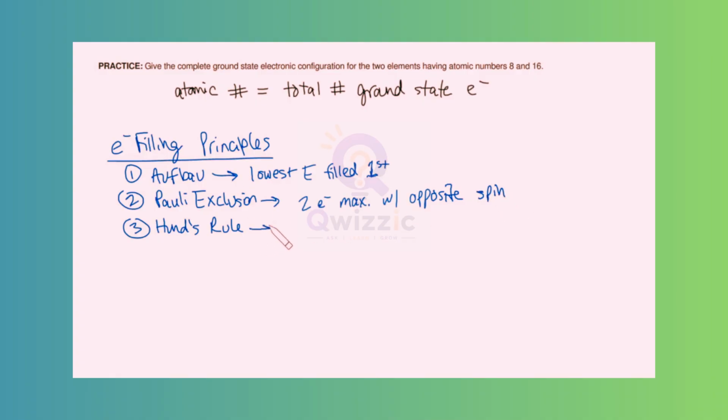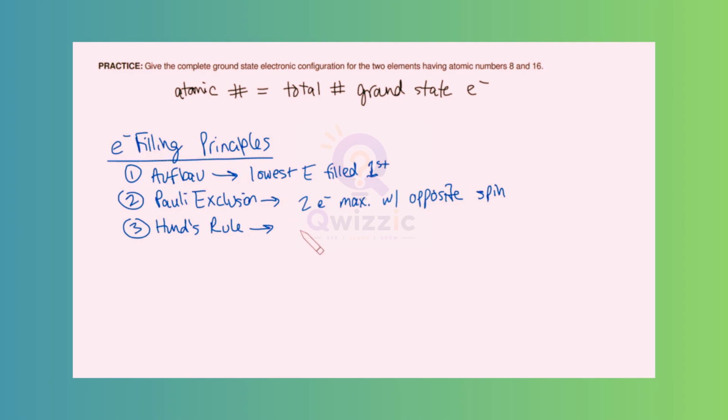All right, and lastly, Hund's rule tells us that when we have orbitals with similar energy, think of the 2p subshell, which has 3 orbitals, those are all similar energy, we have to fill those orbitals singly, so each orbital gets 1 electron, before pairing them.